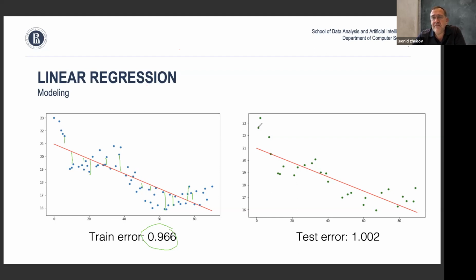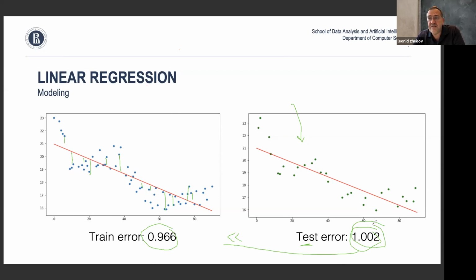Now, we take this line and then we verify it. This is the train data, this is the test data. We verify it on the test data. Notice that the test error is larger than the train error, the way it should be. It's not much larger, which is good, but it is larger. And so this is the performance that we would expect from a model on real world data.